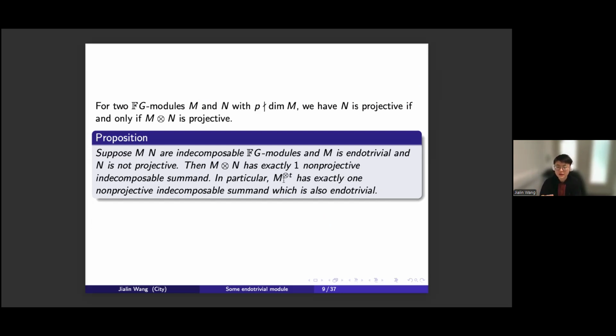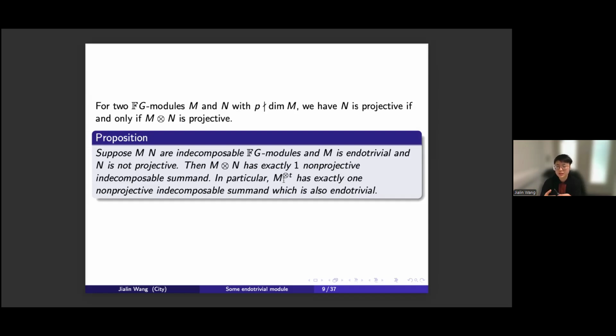Then M tensor N has exactly one non-projective indecomposable summand. Furthermore, if we let N be M itself, which means we are considering the second tensor power of M, then it tells us that the second tensor power of M has exactly one non-projective indecomposable summand.